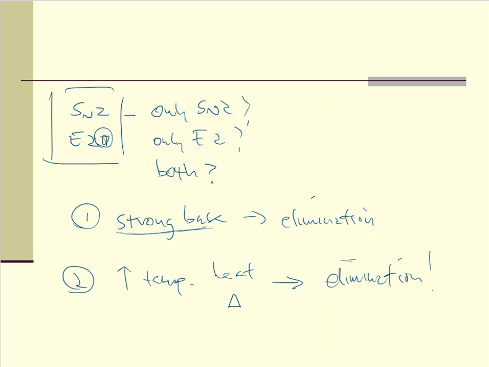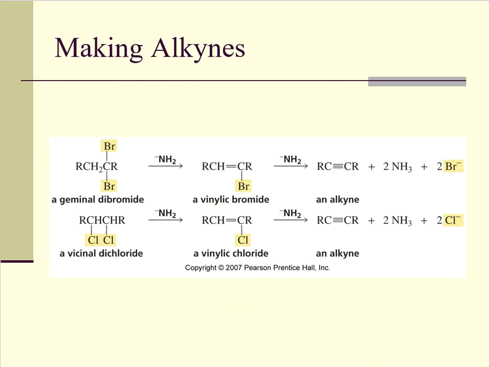Before I do that, though, I do want to talk about another type of elimination. Because I've just said that reactions of alkynes are going to be mushed in with elimination and substitution. So what you're seeing on the screen right now, look at this. This is NH2, Miss America.